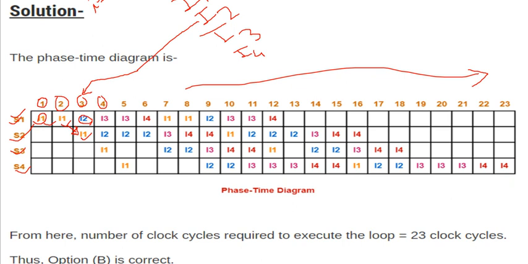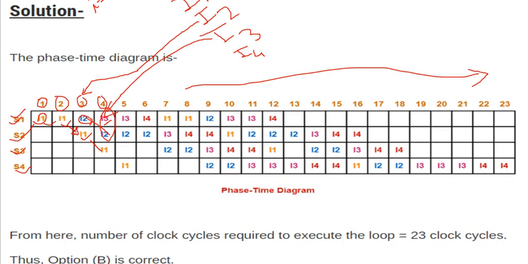Then in the next clock, because I1 requires only one clock in S2, in the fourth clock I1 will move to S3. Again S1 and S2 are free, because I2 requires only one clock in S1, so I2 will move to the S2 phase in clock 4, and S1 will be free in the fourth clock, so we can push I3 into its first stage.